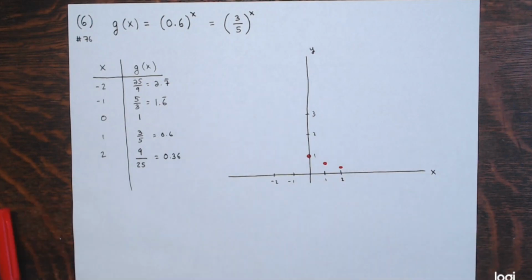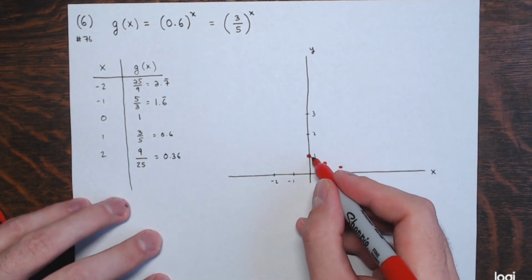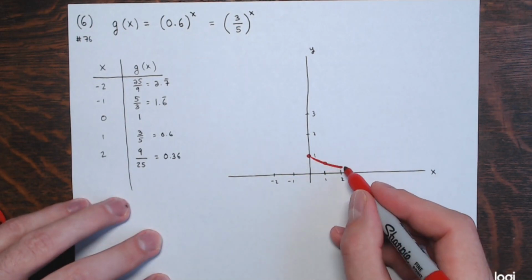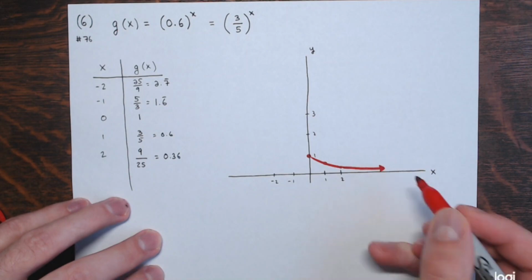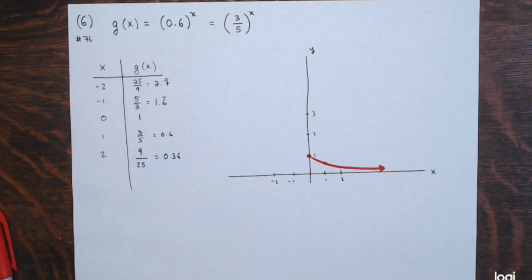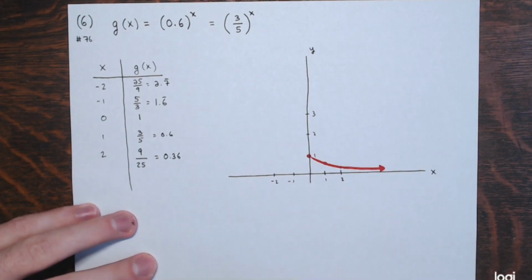So again, as we move right, the output decreases, but still remains positive. So still above the x-axis. It just gets closer and closer to the x-axis without actually touching it. So the x-axis is yet again a horizontal asymptote.